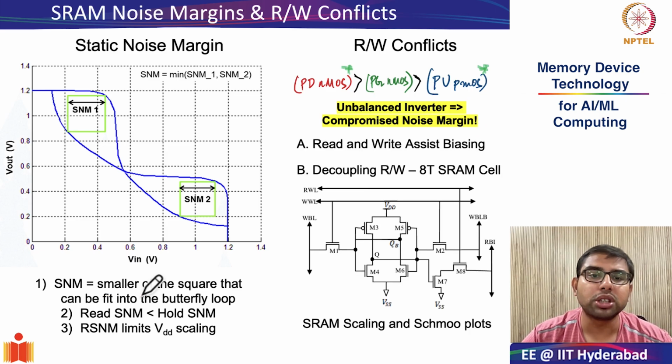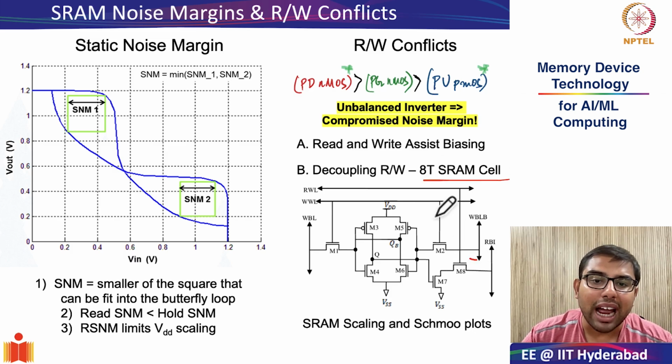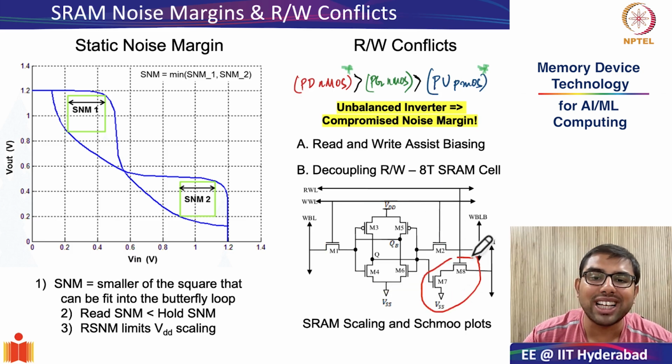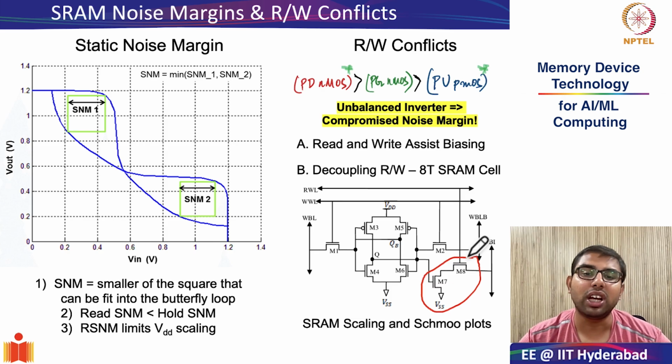So what was the solution? The solution was to first look at read and write assist biasing schemes, but more interestingly, look at completely decoupling the read and write operations through your AT-SRAM cell. Remember, in the AT-SRAM cell, the write was happening in the conventional manner, but your read was happening through two extra transistors, M7 and M8.